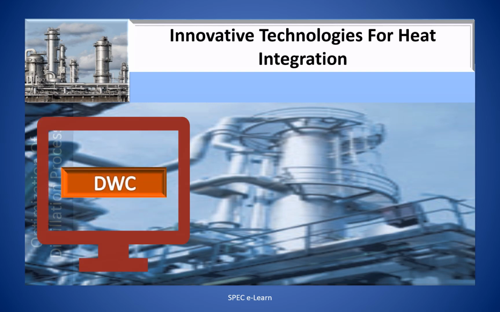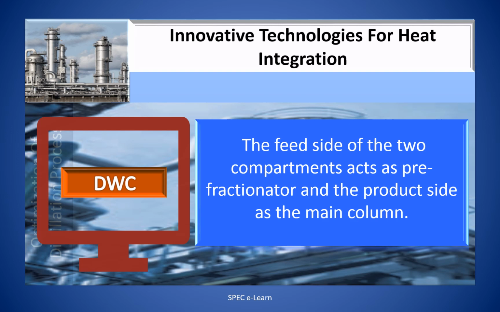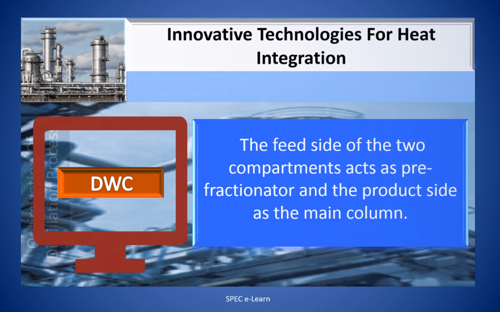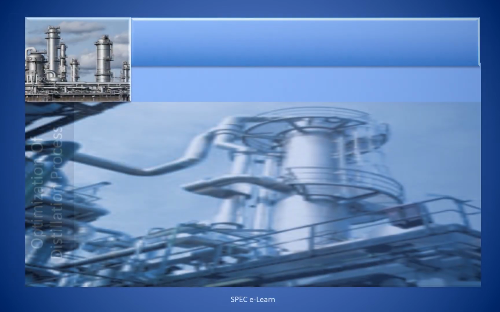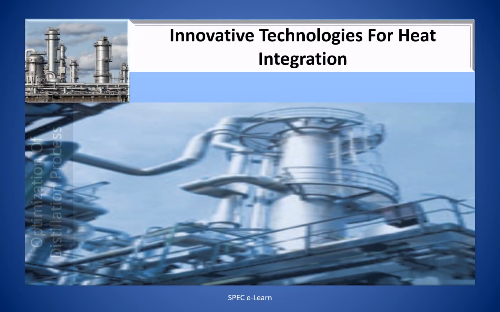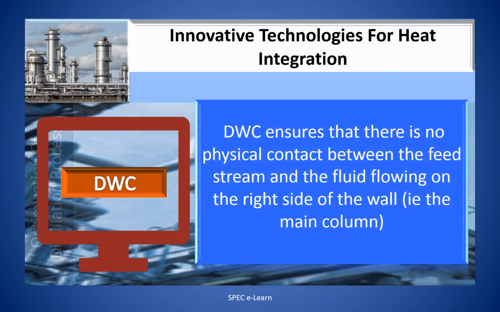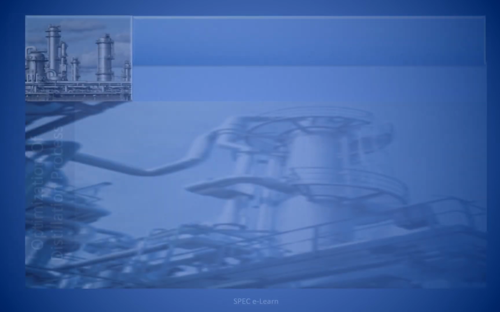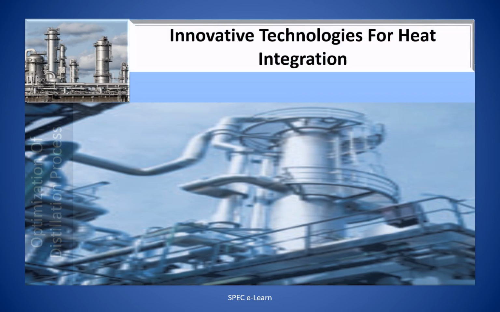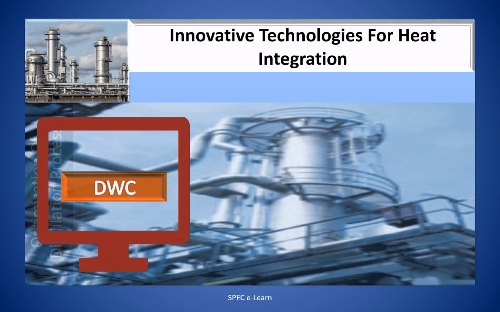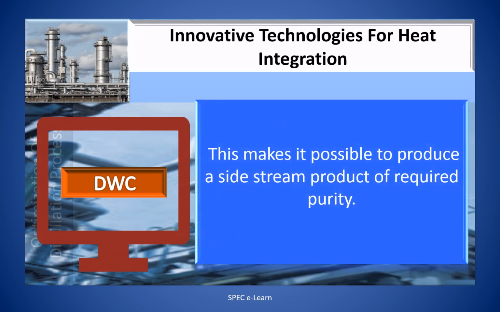The feed side of the 2 compartments acts as pre-fractionator and the product side as the main column. DWC ensures that there is no physical contact between the feed stream and the fluid flowing on the right side of the wall, that is the main column. This makes it possible to produce a side stream product of required purity.